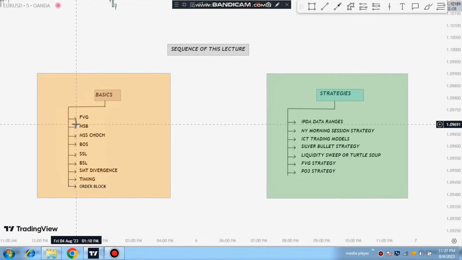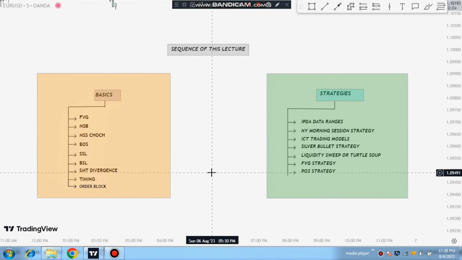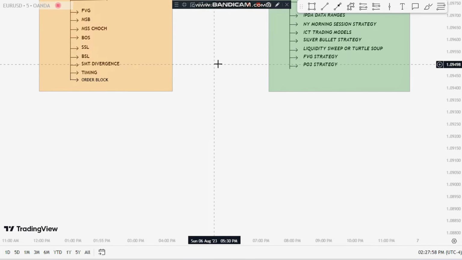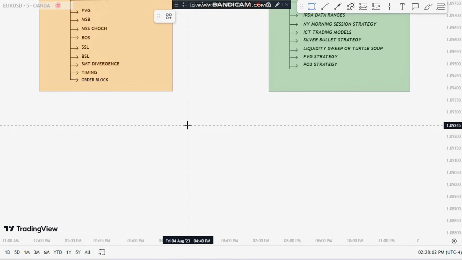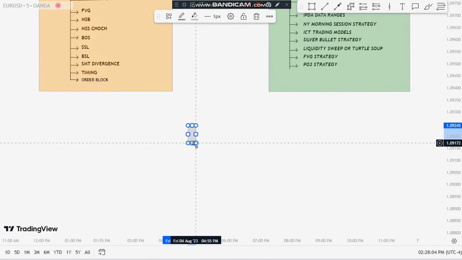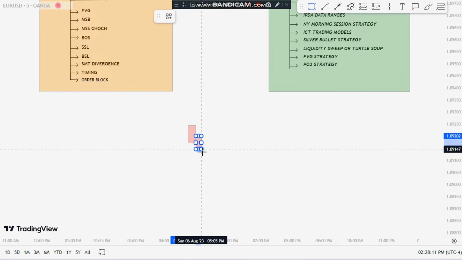Okay, the first terminology in the basics is FVG. So first I will draw it here and then I will show it in the chart. You can see that you get candles like this. Let me draw it first. This is a down closing candle.